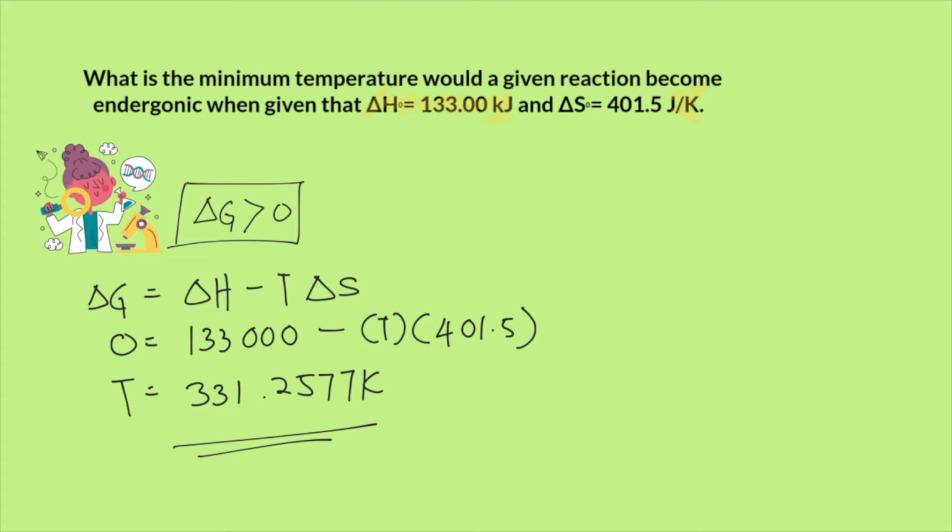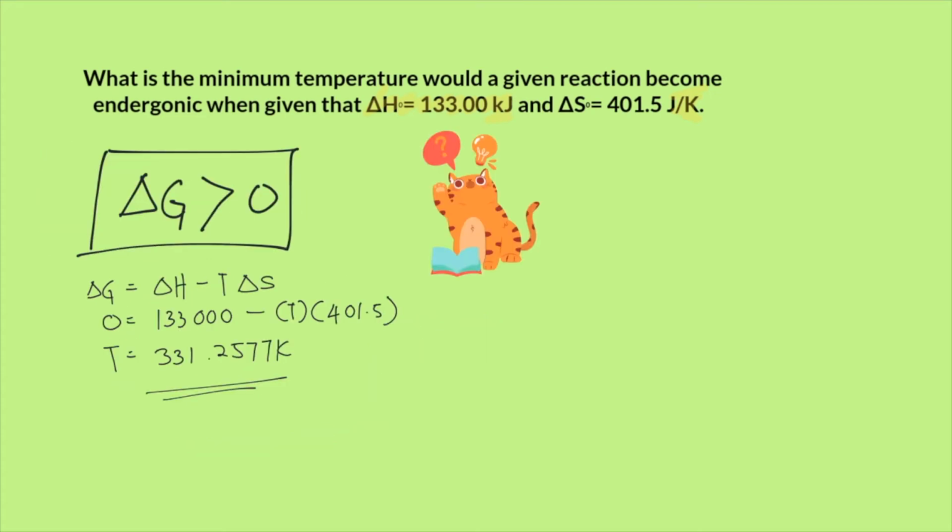Okay, this is the first step that you need to do in order to determine the minimum temperature. Since you already know the exact temperature that you need to look at, you need to decide whether, to get delta G bigger than 0, it must be bigger or smaller than the value of your T, 331.2577 Kelvin.